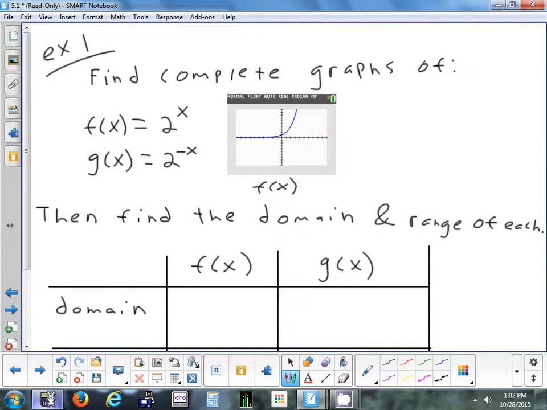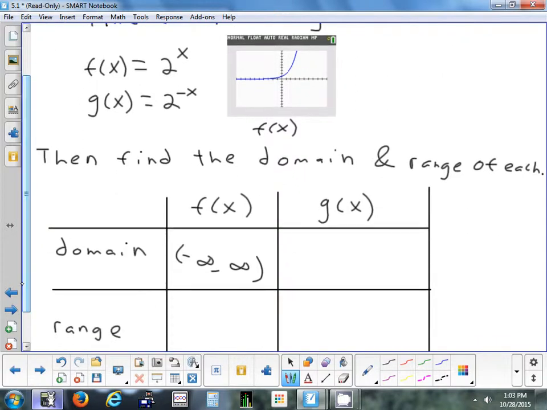What is the domain of f of x? Yeah, all real numbers. It's going to go left forever. It doesn't look like it's heading to the right, but it is very slowly. You can plug anything you want in for x. -infinity to infinity.